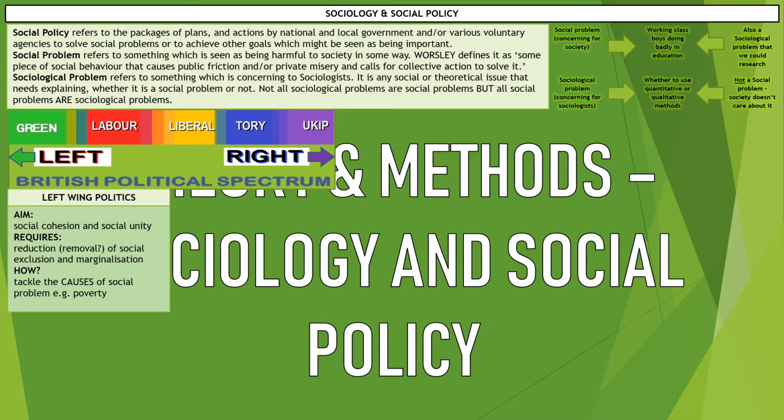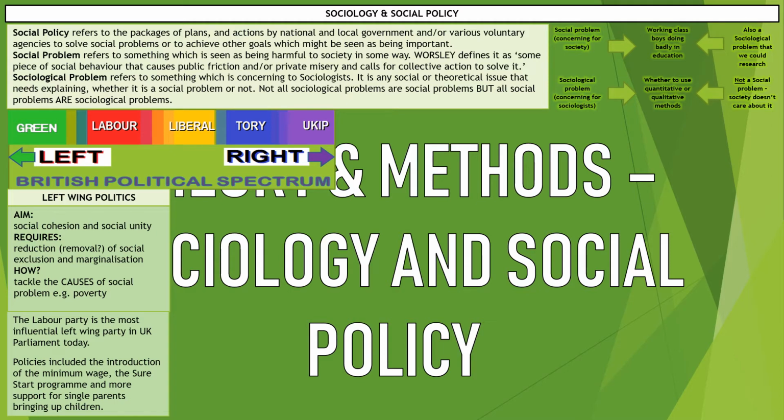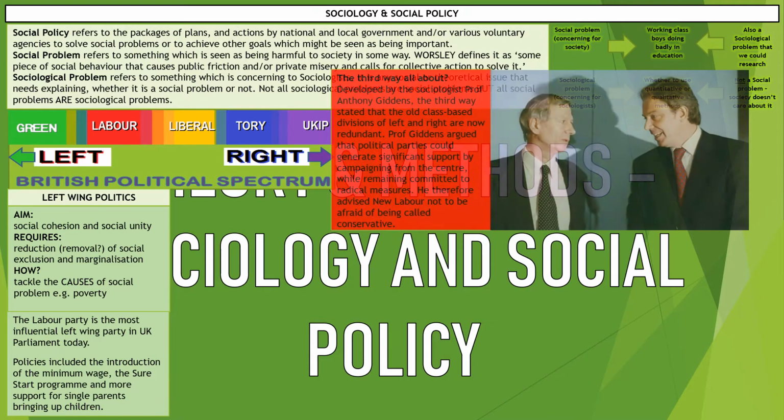This may be seen through the use of welfare support and benefits to reduce inequalities, to reduce social problems. The main left-leaning party would be Labour, and it's the most influential left-wing party in the UK and in Parliament today. Policies that have been introduced by Labour would include things like minimum wage, the Sure Start programme, which you would have covered in education, and supporting single parents to bring up children.